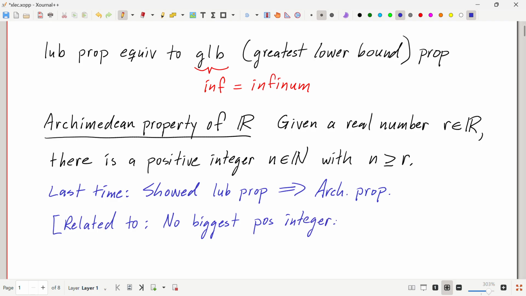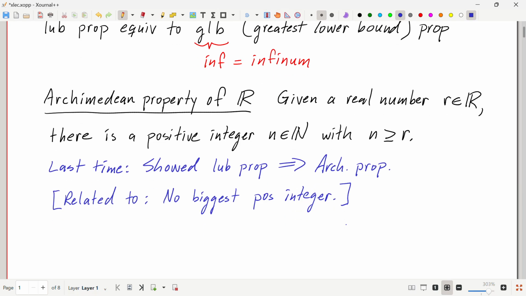Which also sounds like a no-brainer. Well, that's an easier thing to show, because if n was the biggest one, then n plus 1 would be bigger. But it's a very similar thing. And Archimedes was thinking about that too.